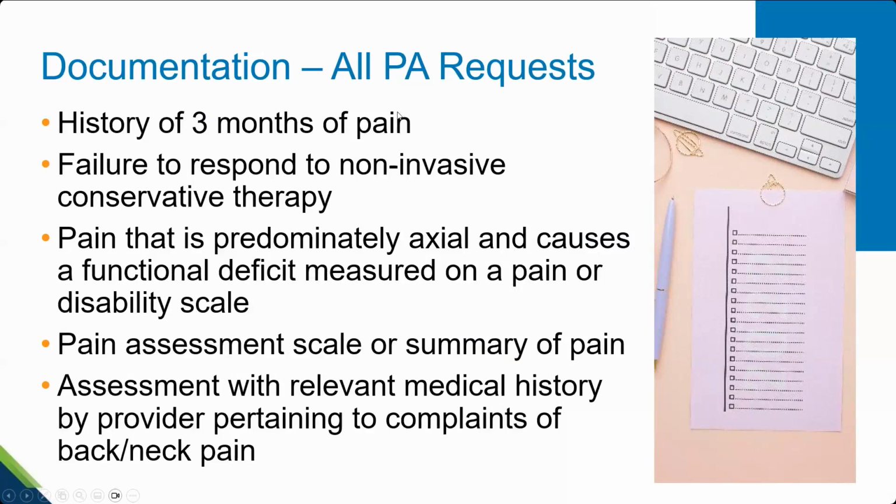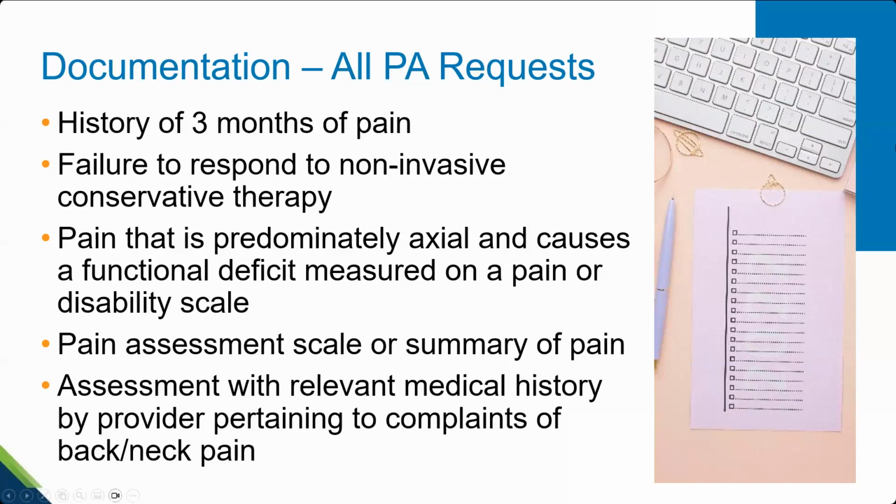Things that we're going to look for in your documentation: we need to see a history of at least 3 months of documented pain with a failure to respond to non-invasive conservative interventions like therapy, medications, etc. We need to see that the pain is predominantly axial and causes functional deficit, and that it's measured on a pain and or disability scale. And you should consistently measure using the same scales before and after every treatment.